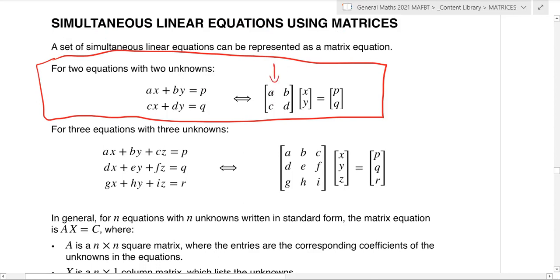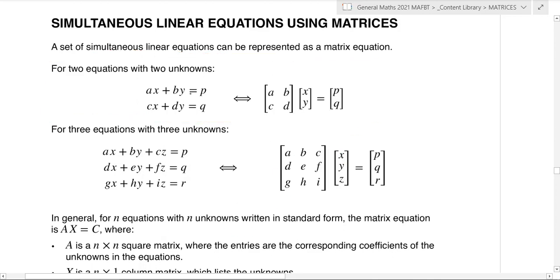If there's two unknowns, it's going to be a 2 by 2 matrix. If it's three unknowns, or three equations, it's a 3 by 3. Then it keeps going, 4 by 4, 5 by 5. But generally, the maximum they'll give you is just 2 by 2 and 3 by 3 matrices.